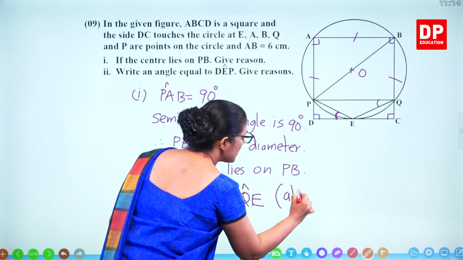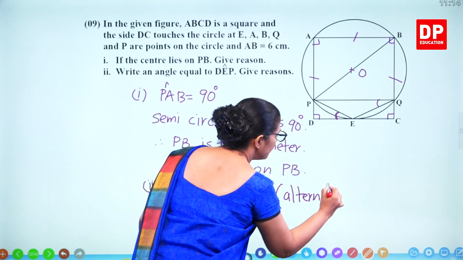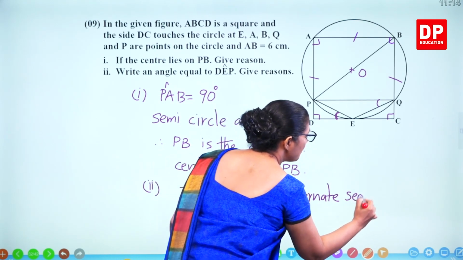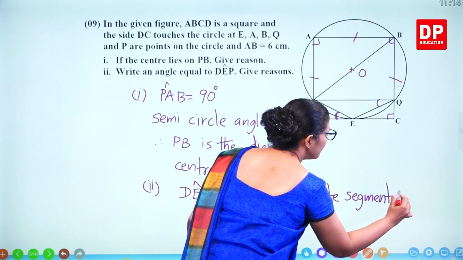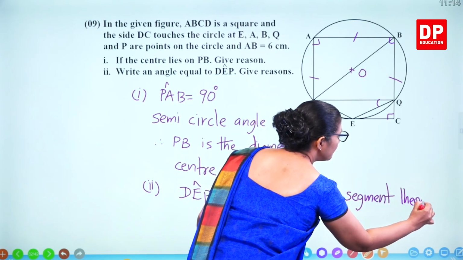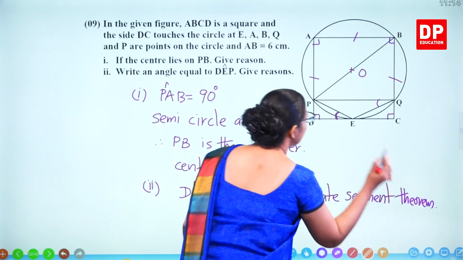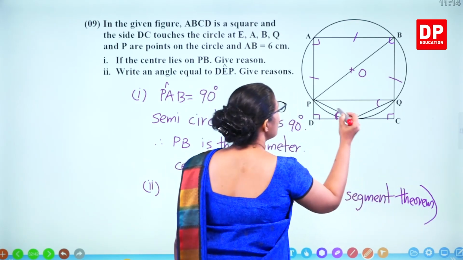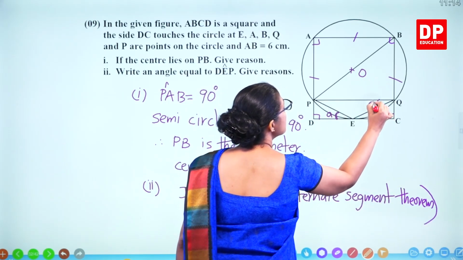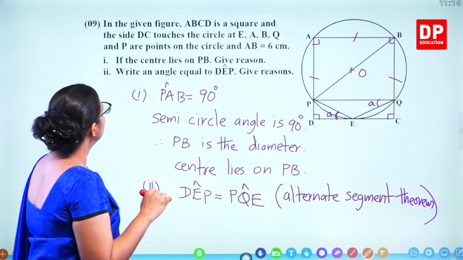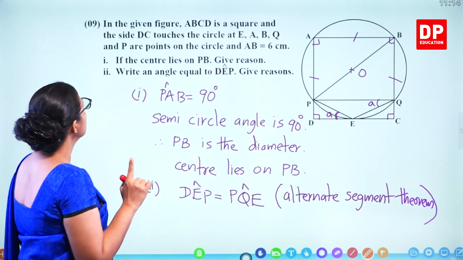PQE. That's the alternate segment theorem. So if this is A, this is A. So that's the second part.